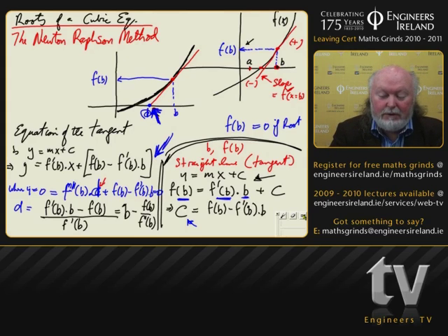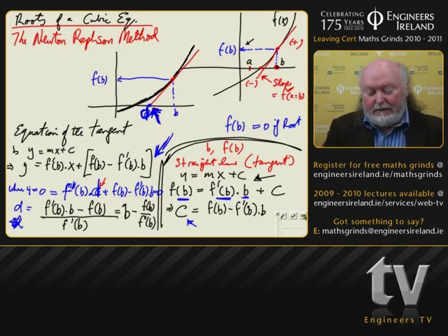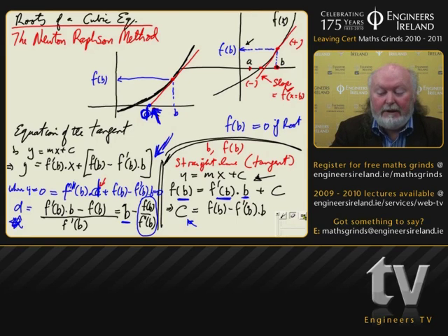We have said this point D, or this x value D, I now have a means of calculating it. It's the previous one minus the value of the function for the previous one divided by the slope from the previous one. That allows us to play a very interesting little game here.